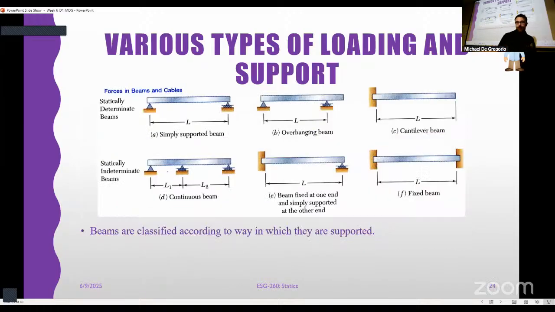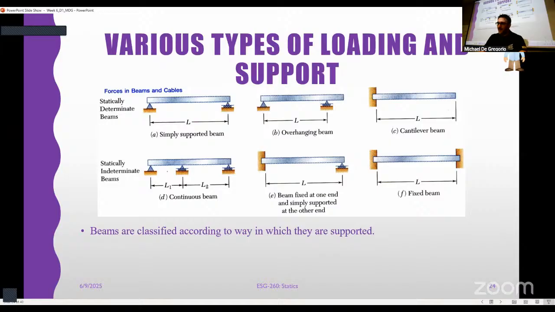For beams, we typically have these sorts of setups, okay? On the top ones, we have our statically determinate beams, meaning that we can solve them with our standard statics methods, right? It's 3 equations, 3 unknowns. And on the bottom row, we have statically indeterminate beams because we have more unknowns than we have usable equations.